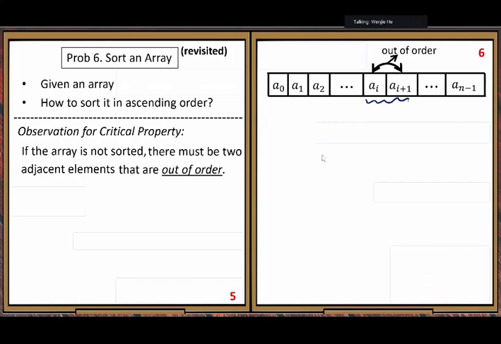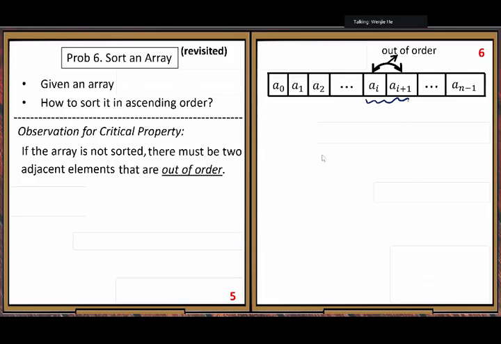Can you see this property? First we need to understand if this statement is correct or not. Two adjacent elements out of order.